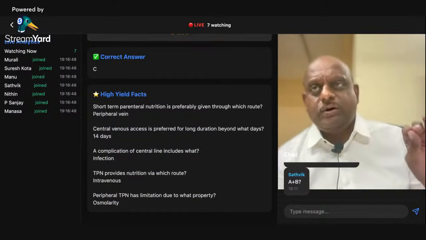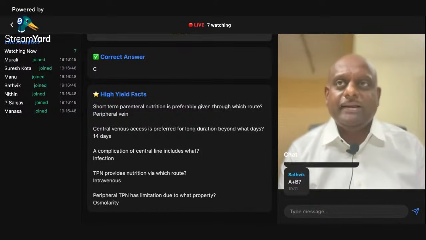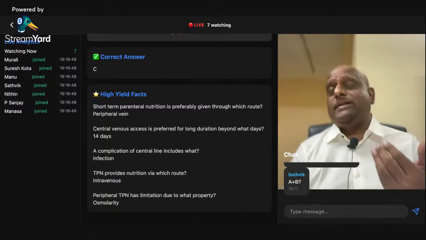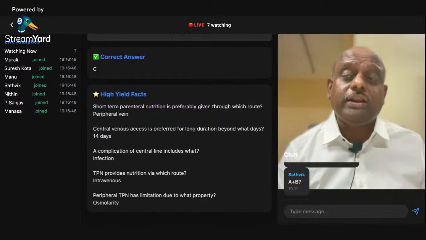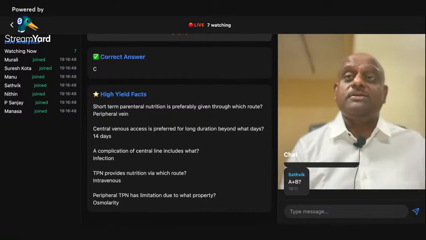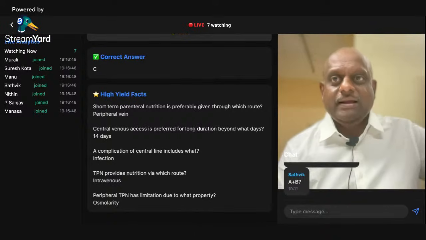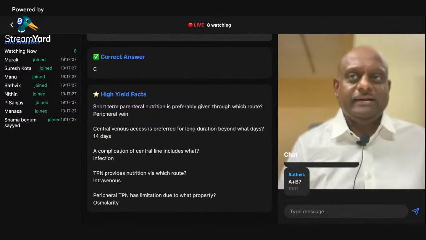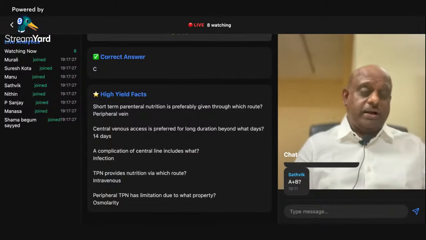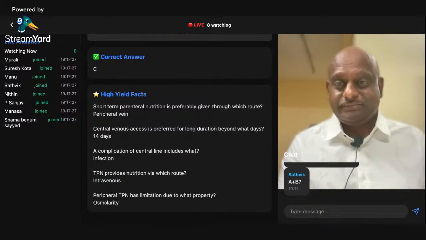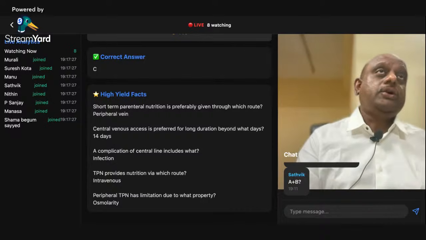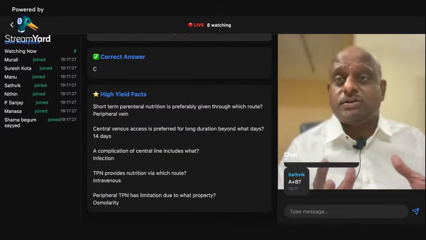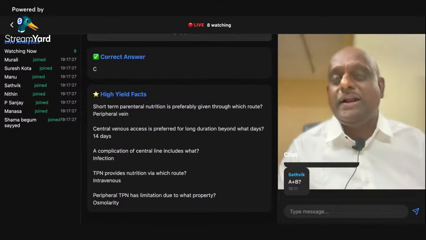Short-term parenteral nutrition can be given by peripheral vein. Only if you require to sustain the parenteral nutrition for more than 2 weeks, then central venous catheter. The main challenge is infection. And why can't you use a peripheral vessel for long term? Because total parenteral nutrition is a very highly osmolar substance. That's the reason you can't use a peripheral.